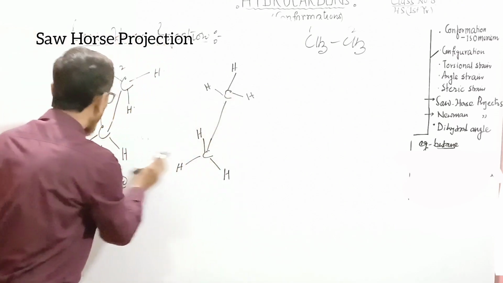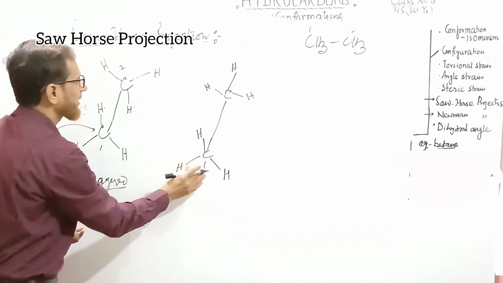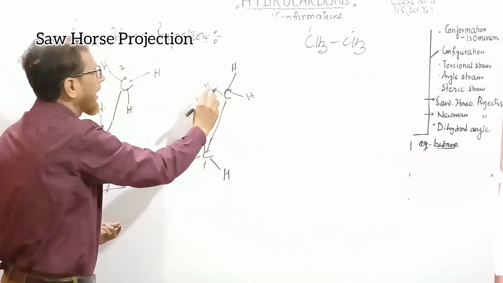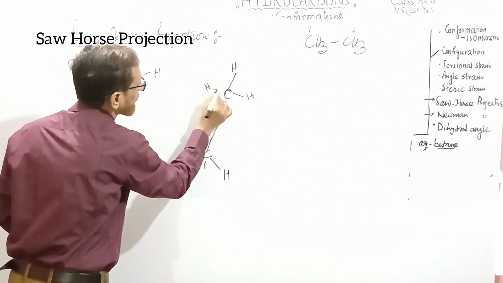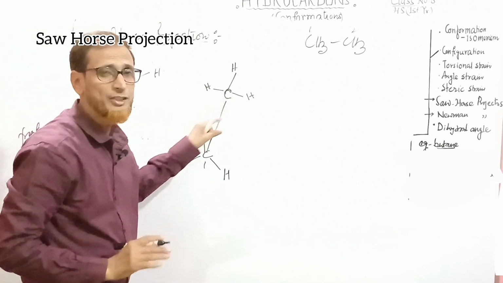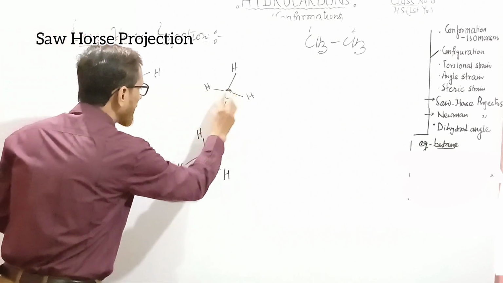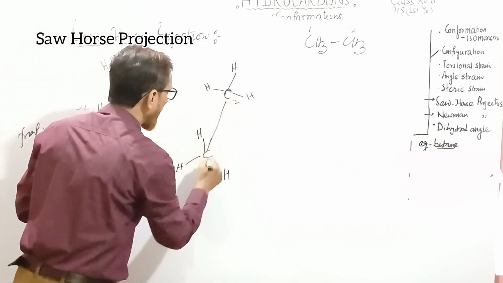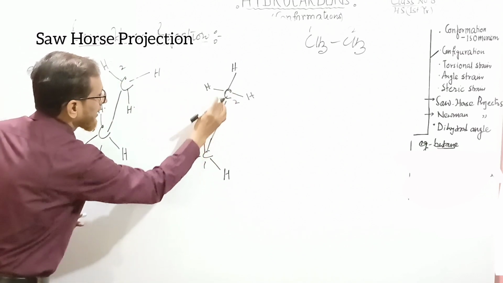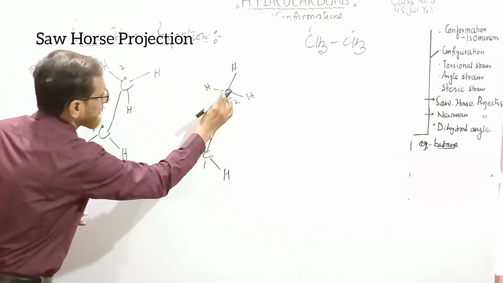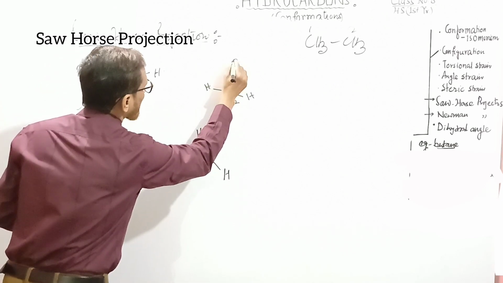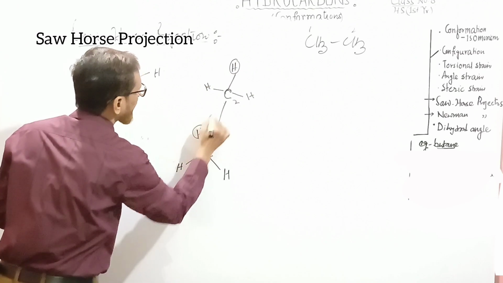I have kept this one as it is, carbon 1 is as it is, but I have made a rotation through this carbon. I have made some arrangement like this. Am I right? So now, how have I written this one? You see, if you place this carbon 2 upon carbon 1, that carbon's hydrogen is very close to this one.